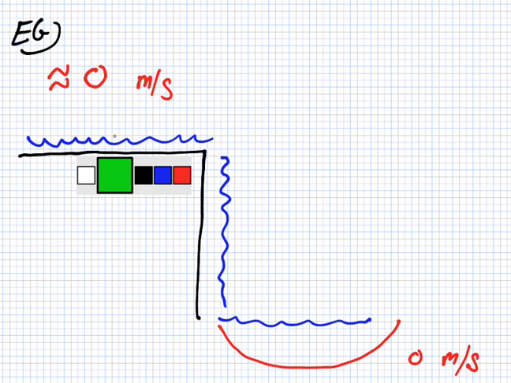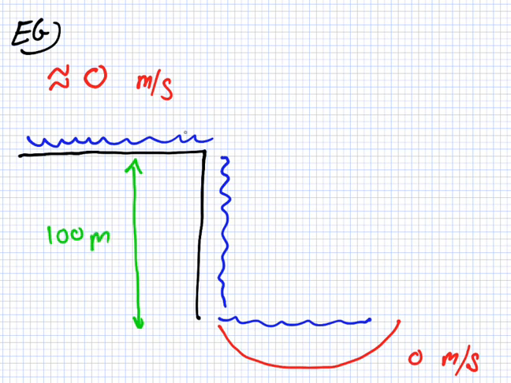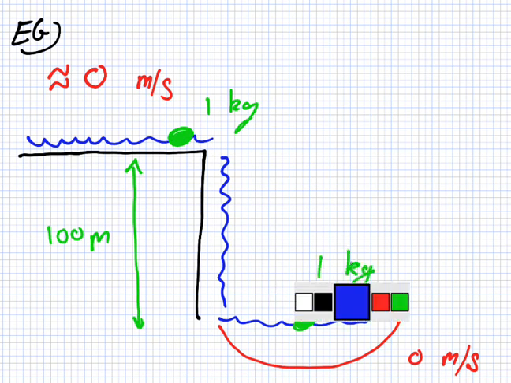Now, let's say this here is 100 meters. Let's look at 1 kilogram of the water. There's 1 kilogram there. It'll fall down and hit the pool down here. What is the energy at the top?